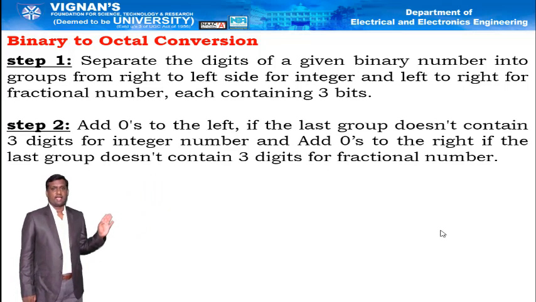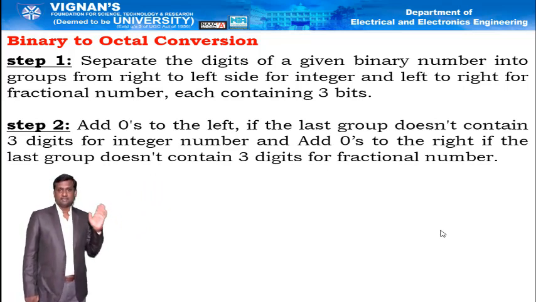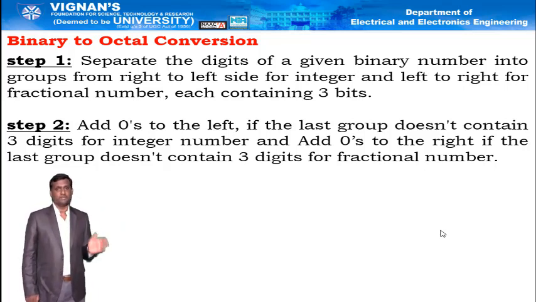Next step. If any bit is missing for the separation into 3 bits, then what we have to do is add 0.